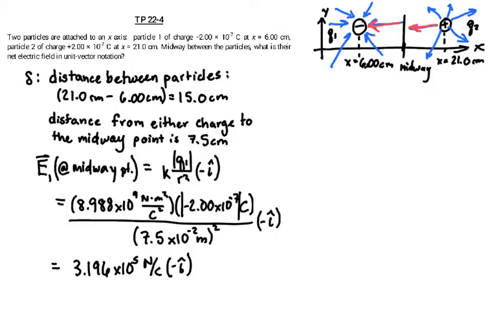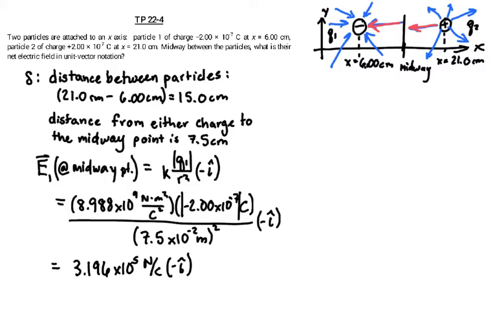Now, our charges on particle 1 and particle 2 are equal in magnitude, but opposite in sign. And as we look at the electric field halfway between the two of them, we already notice that they are both pointing in the negative I hat direction.